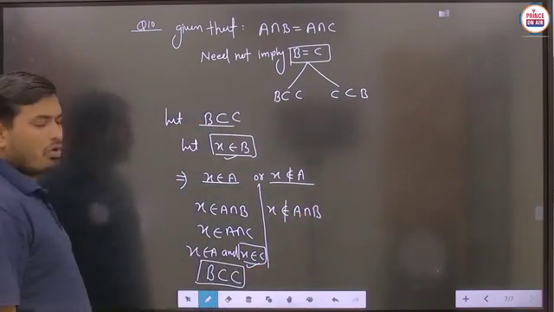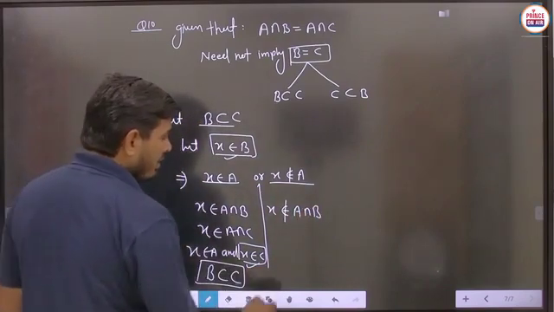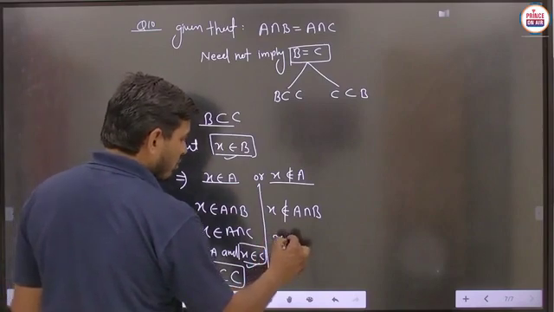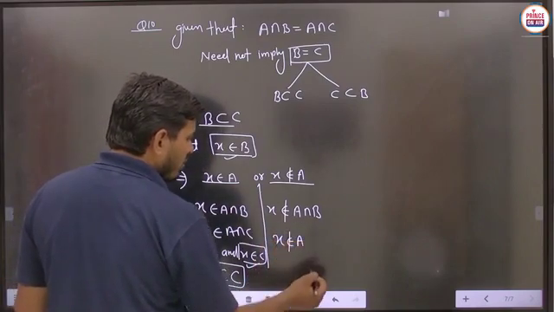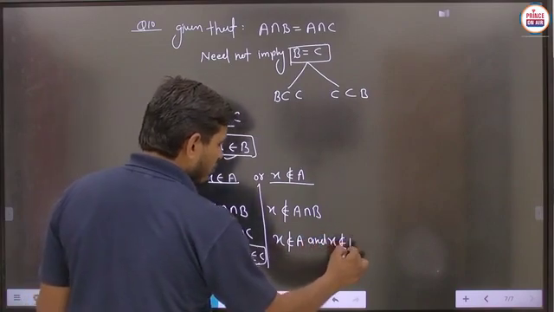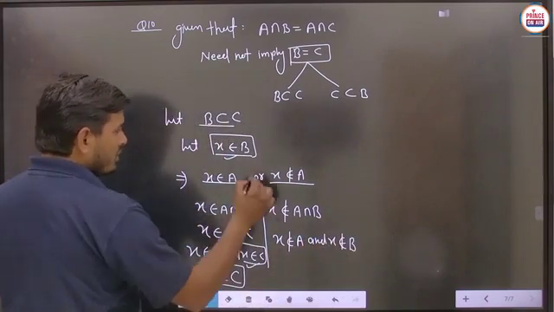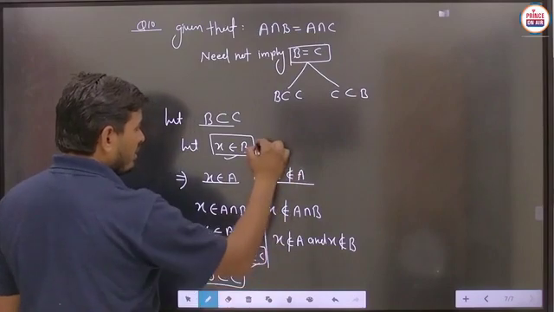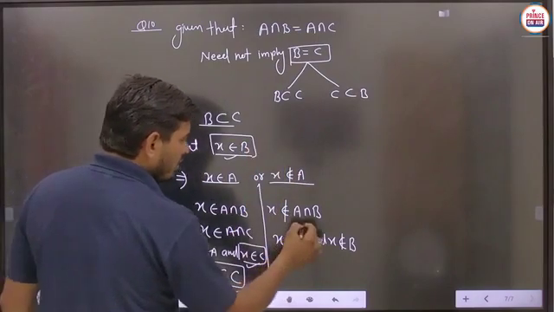x does not belong to A intersection B means x does not belong to A, or you can say that x does not belong to set B. Before writing this part, you can write one more result.